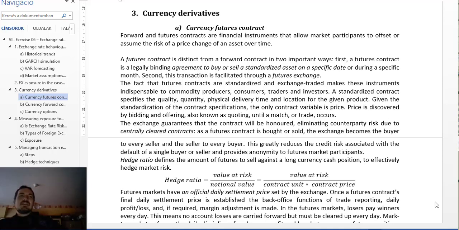Now we should continue with the currency derivatives. Last time I talked about how we can forecast, or at least have expectations about, currency exchange rates.